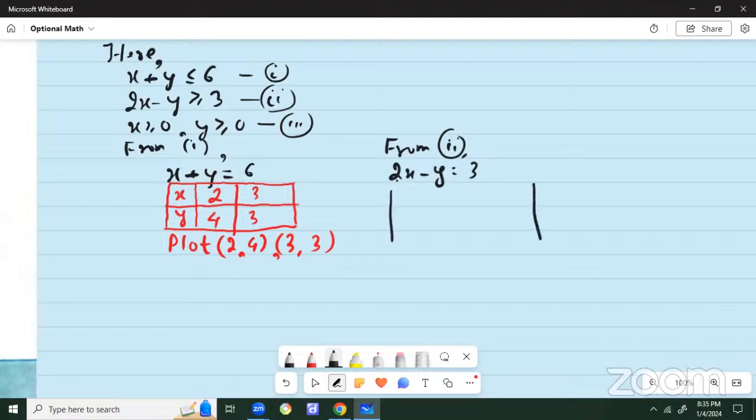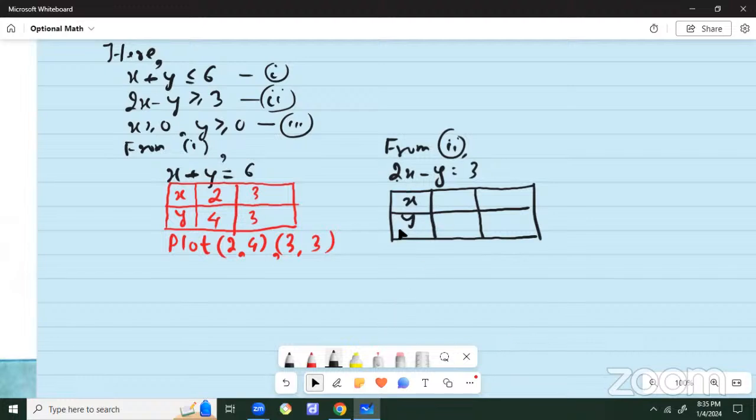From this equation, let's try to find at least 2 points so that we can draw a straight line. Can we find the points having it on this line, twice x minus y equals 3?